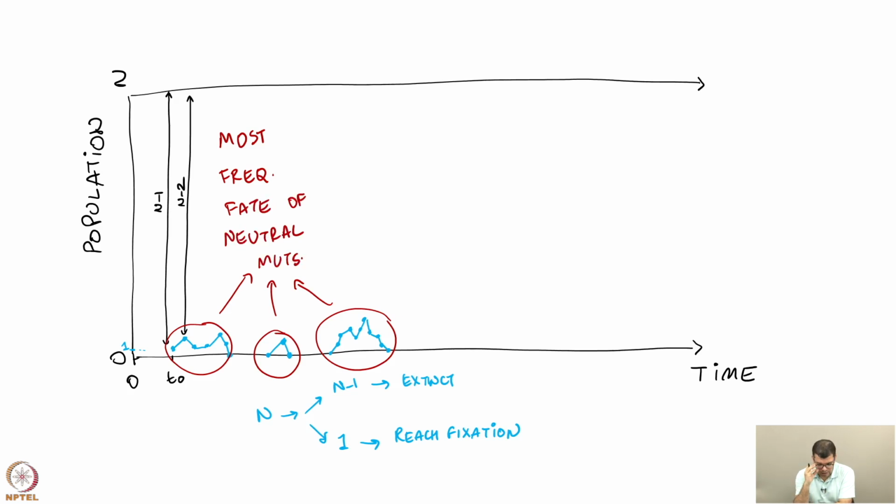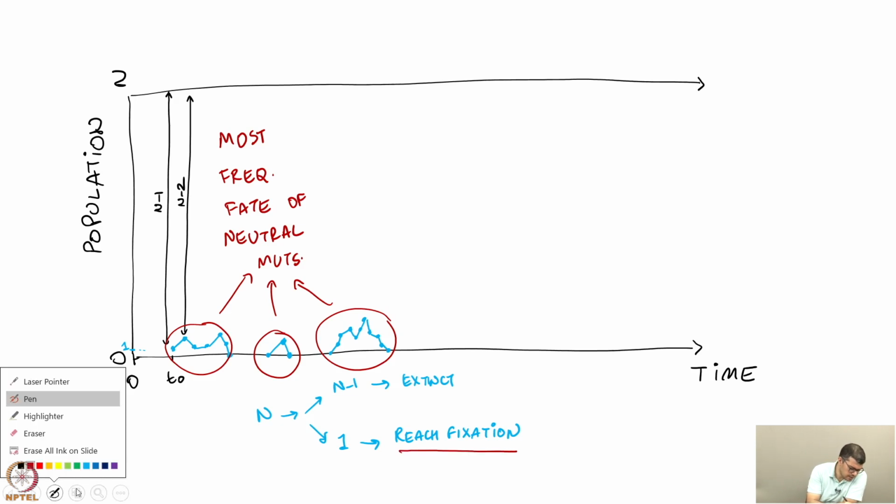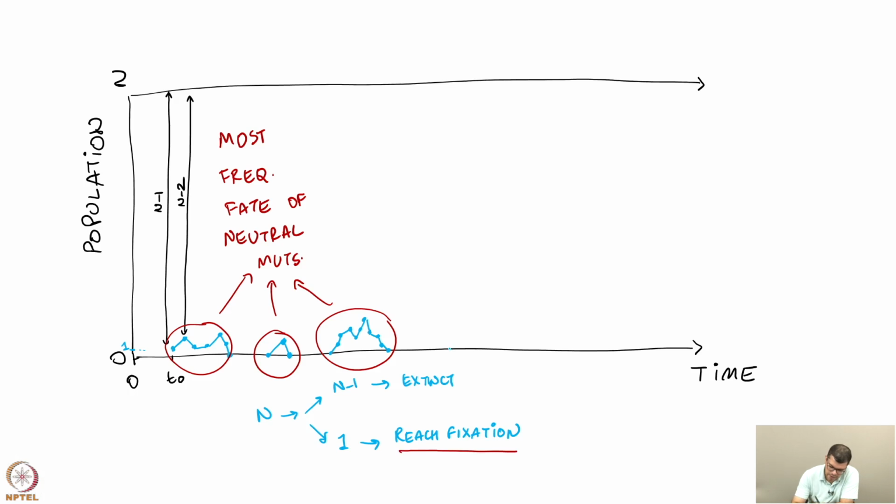Very, very rarely will we have this type of situation come into being, and in that case the mutant's trajectory might look something like this. It fluctuates around, but chance just happens to favor this mutant, and while the numbers are increasing and decreasing, on the whole these numbers are increasing as time goes on.